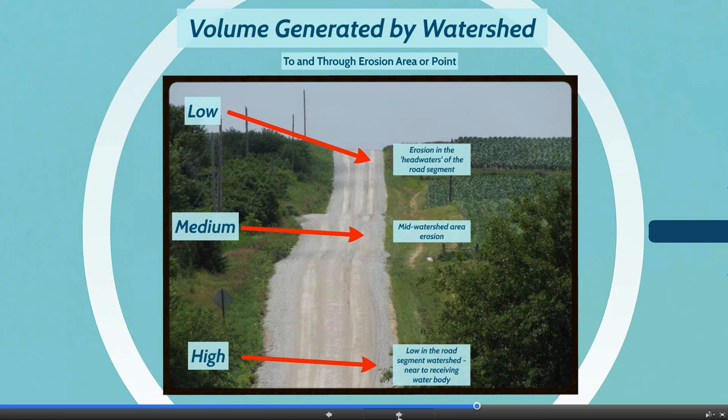So again, we're trying to make a judgment on how much sediment, if at all, is reaching the stream from the erosion site.